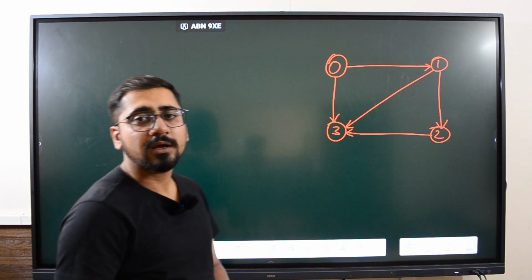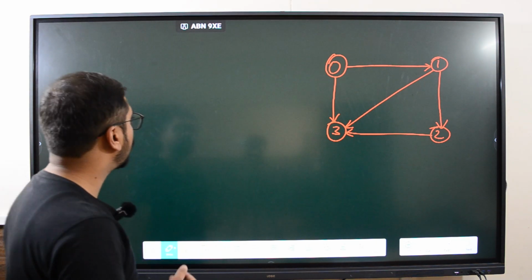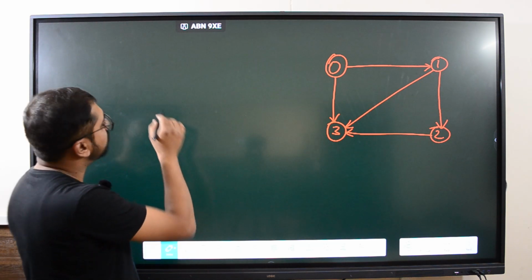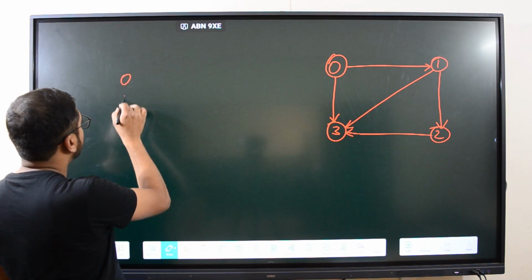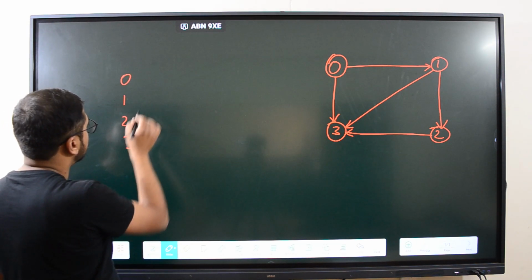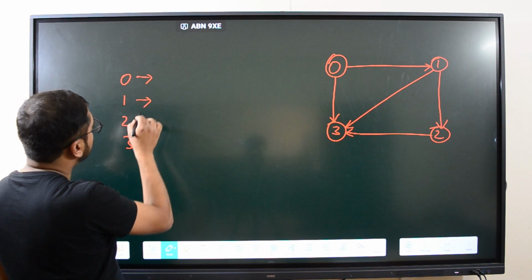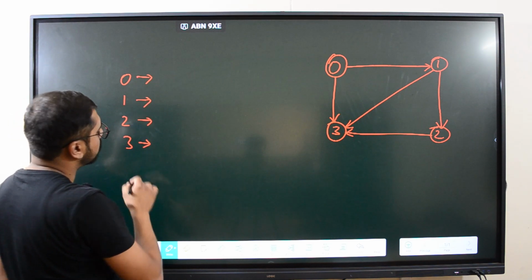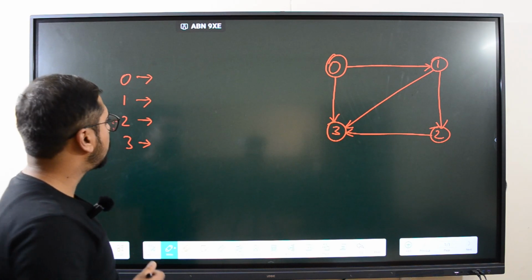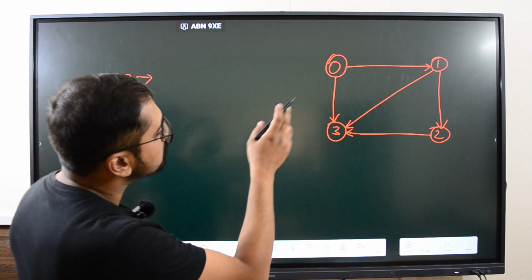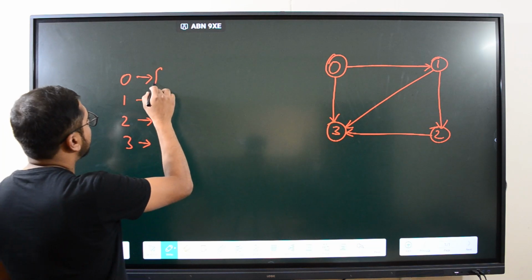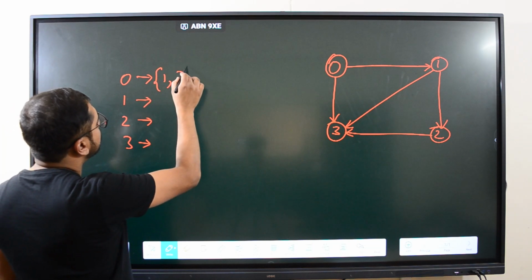Now let's make an adjacency list. How are we going to do this? What are all the different edges here? We have 0, 1, 2 and 3, and for all these nodes I just have to look at where they are going. From 0 it is going to 1 and 3, so it will have a list of 1 and 3.